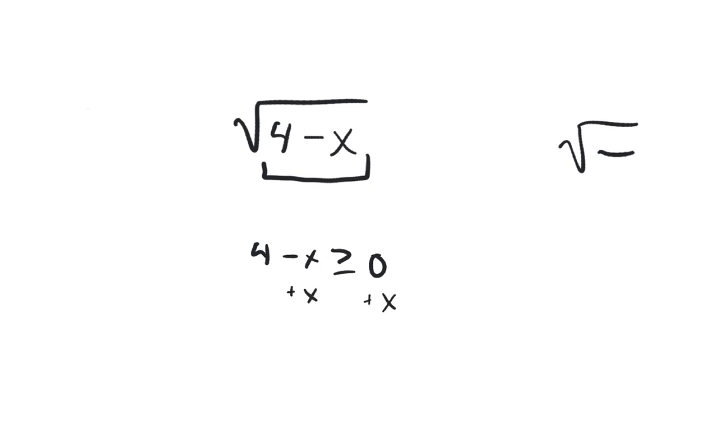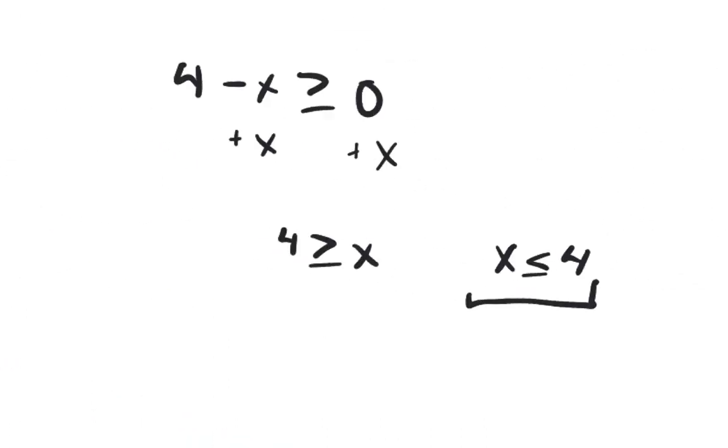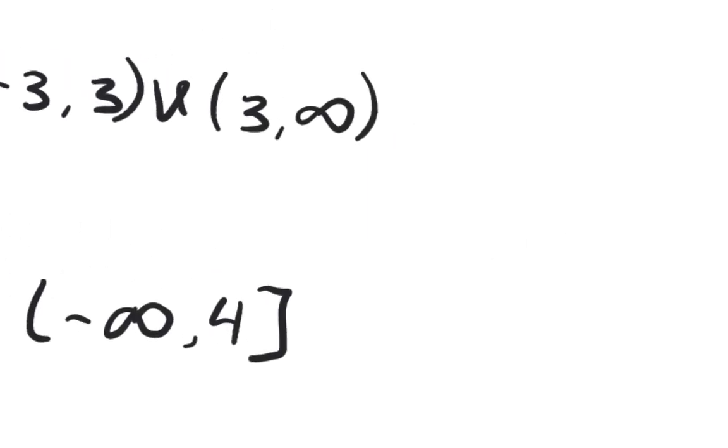We can add x to both sides and get 4 greater than or equal to x, or x less than or equal to 4. This is going to serve as our domain. So that means it's going to be between negative infinity and positive 4, and 4 is included since we have the or equal to here.